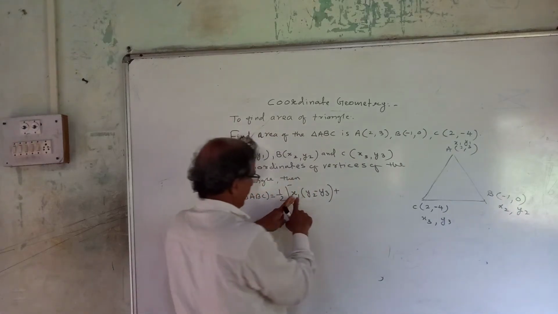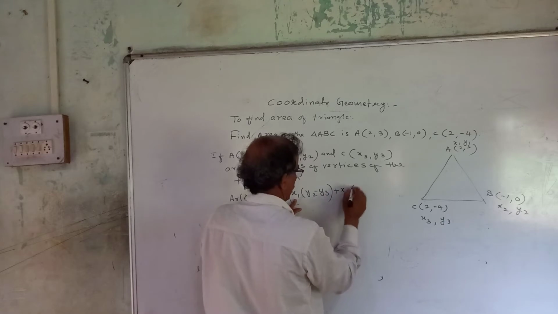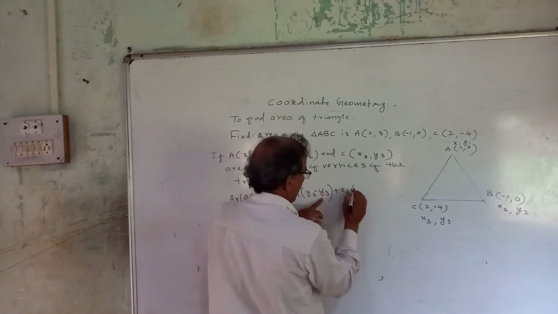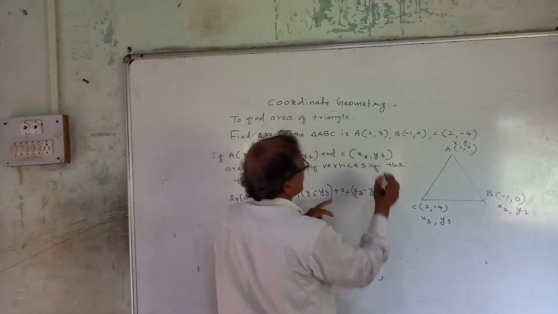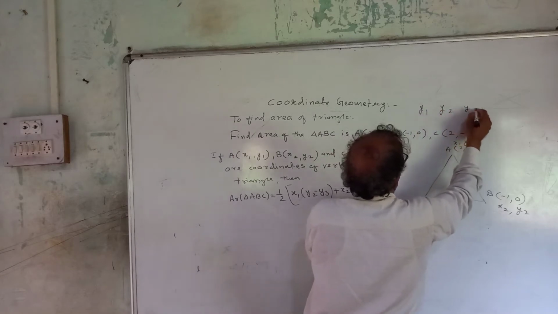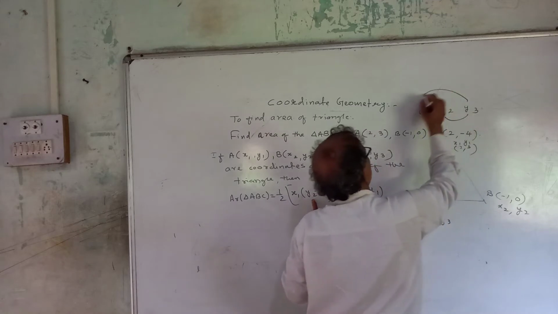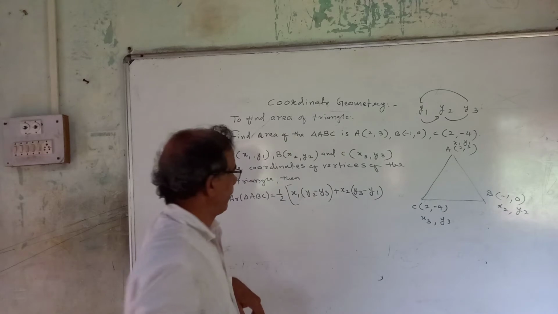Then plus x2 into, you start from here, (y3 minus y1), after y3 who will come? y1, see here, y1, y2, y3. So first y2 minus y3, then y3 minus y1, then y1 minus y2, like that will come.